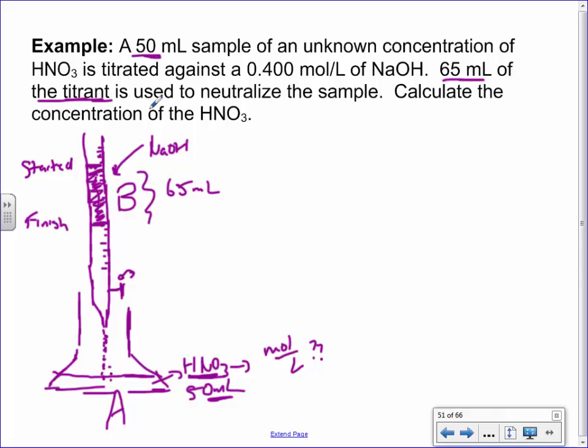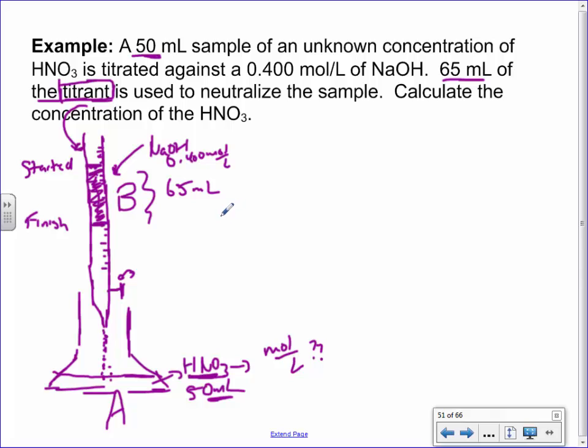If I didn't mention that already, the word titrant is used to describe whatever goes in this burette right here. That's called a titrant. Last thing, we also need to know the concentration of our sodium hydroxide. And so we know that it was that many moles per liter. You know why we know how concentrated it was? Because we made it ourselves.